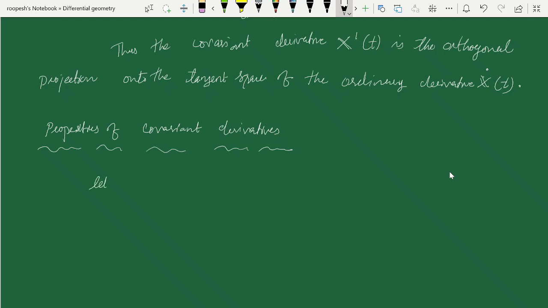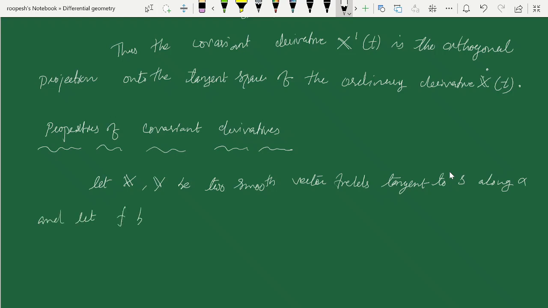So let X, Y be two smooth vector fields tangent to S along alpha, and let f be a smooth function.